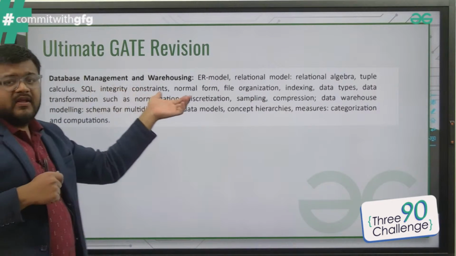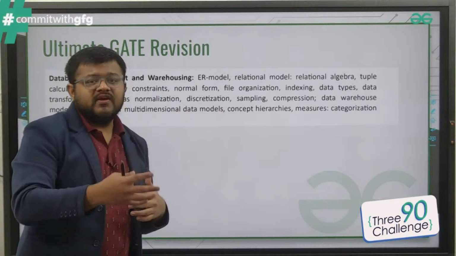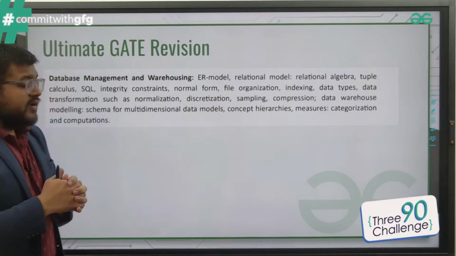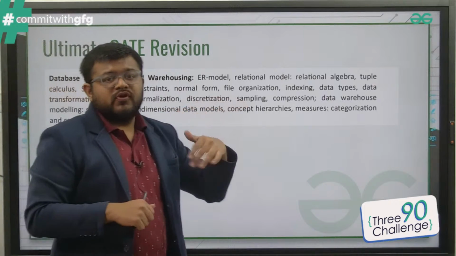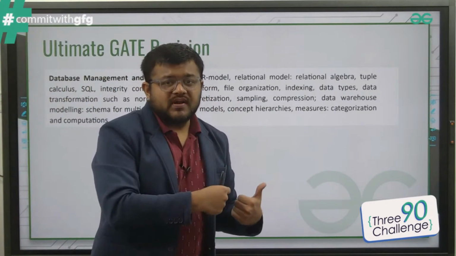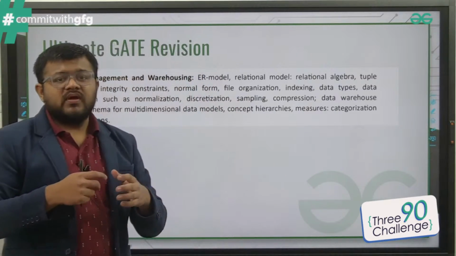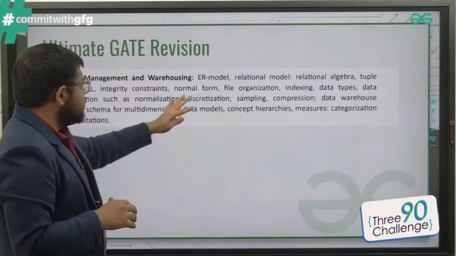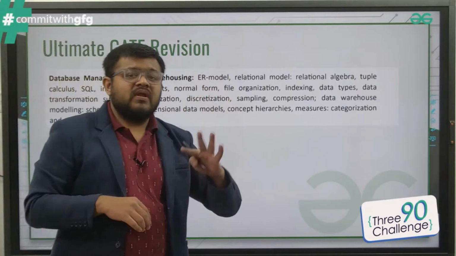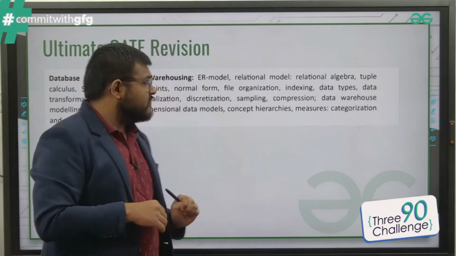Then there are integrity constraints like domain constraints, key constraints, referential integrity constraints. Then there are normal forms. For normal forms, you will also need functional dependencies. We will also cover that today through previous year questions. So there are functional dependencies, then 1NF, 2NF, 3NF, and BCNF.